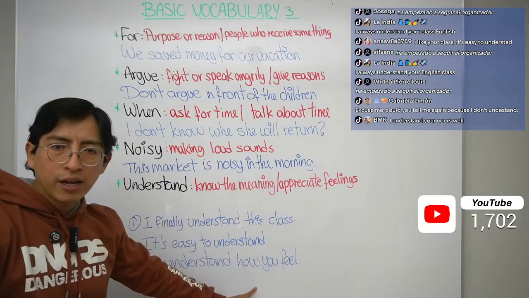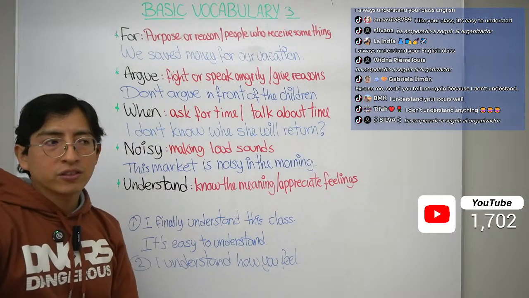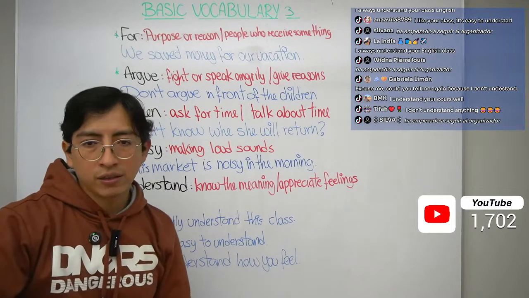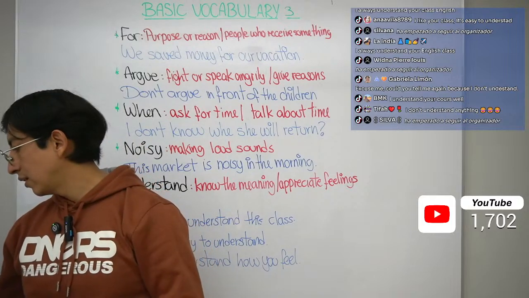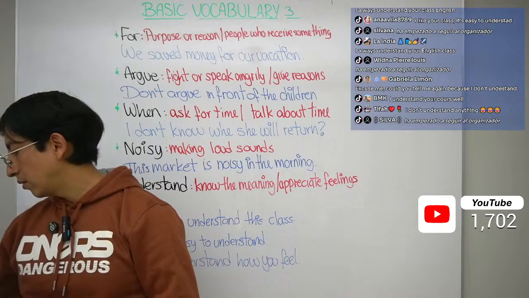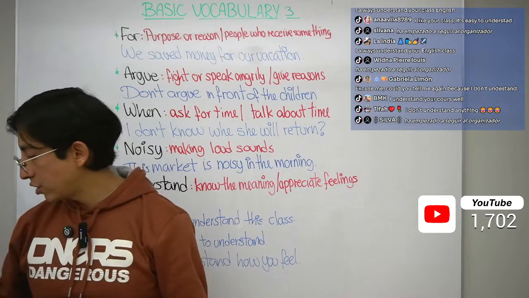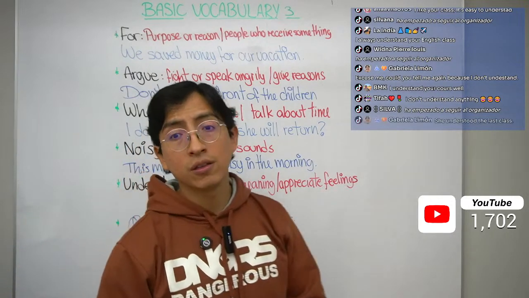Yeah, don't worry. I understand how you feel. Or maybe you can say he always understands when I have a problem. He always understands the situation. So this is how we can use this structure.